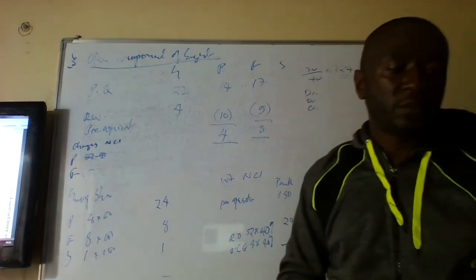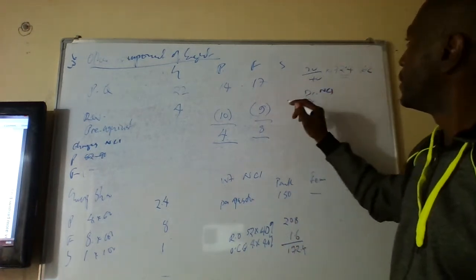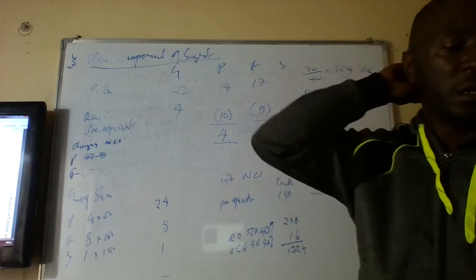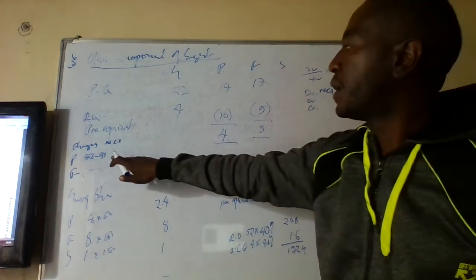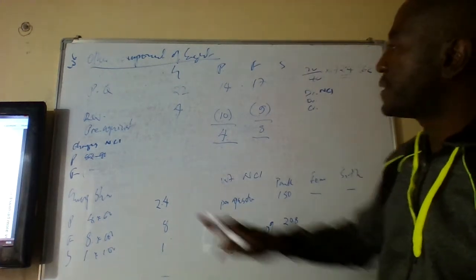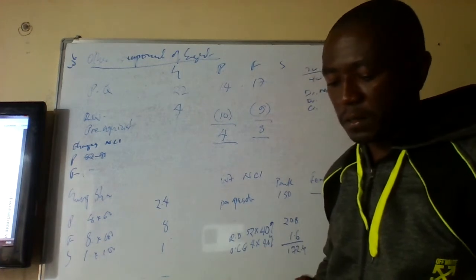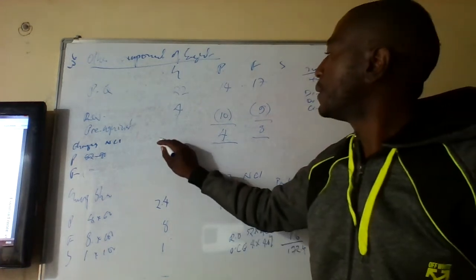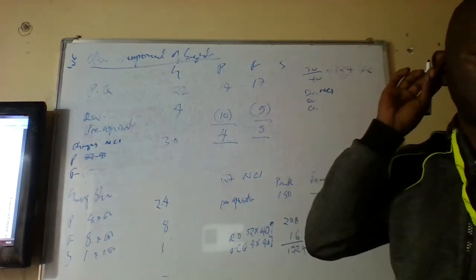The entries for that will be debit in non-controlling interest. What's the difference? 90 minus 86.2 is 3.8.